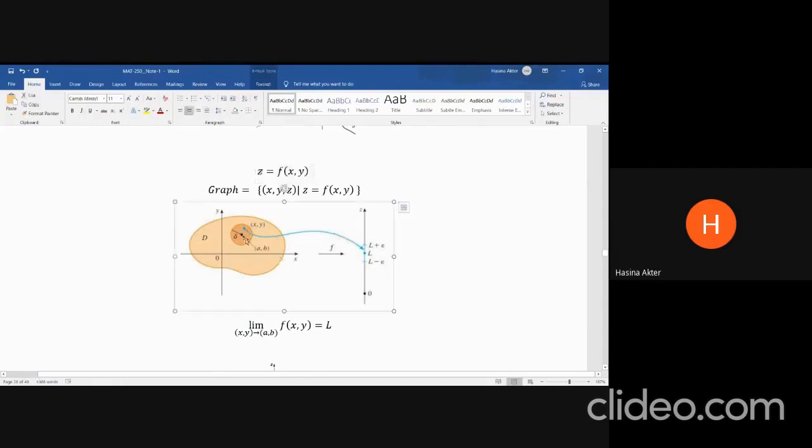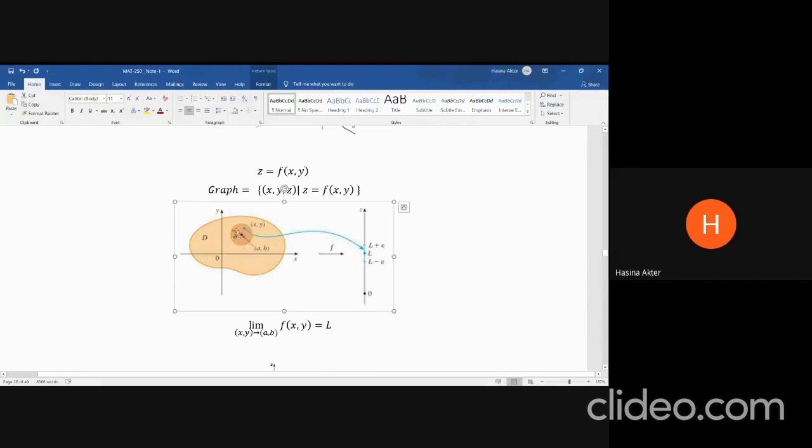So for a limit, if you want to approach a point, then you draw a disk around that point. If you take the radius of the disk close to 0, then you are covering all the infinitely many directions, because no direction can approach the point without crossing the circle, which is the boundary of the disk.